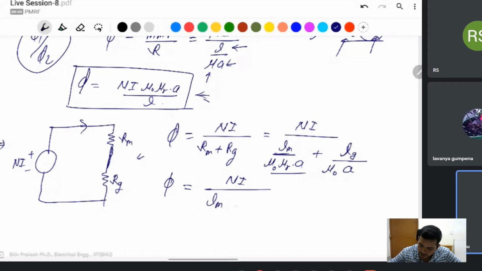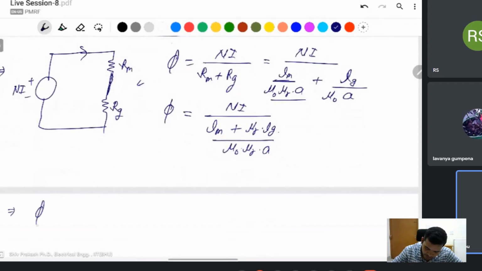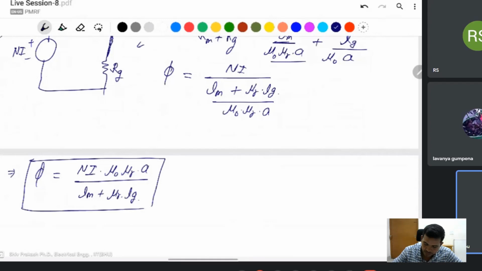Then Lm remains, plus mu r into Lg, divided by mu naught into mu r into cross-sectional area A. Finally, the flux you can find is Ni into mu naught mu r cross-sectional area A, divided by Lm plus mu r into Lg. This is the final flux, the total flux of the core.